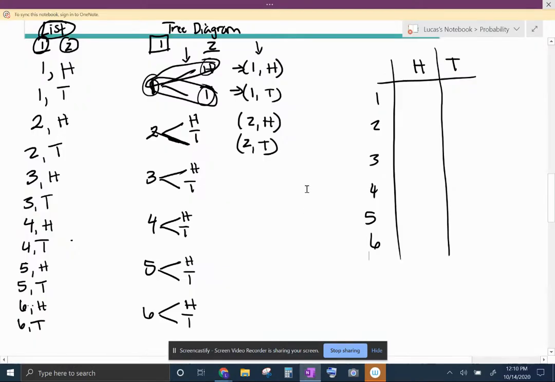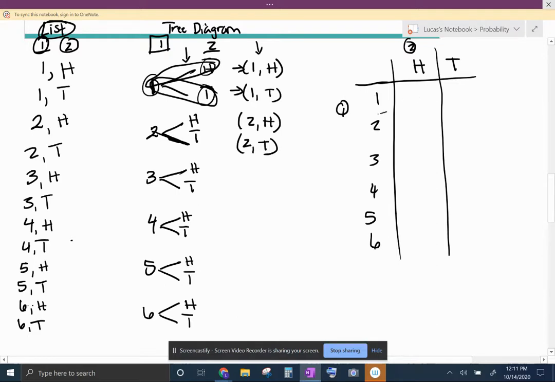So I have a 1 here, 2 here, 3 here, 4 here, 5 here. Okay, so this is the second event, and this is the first event. It doesn't really matter which way you put it, just the table would look a little longer or wider depending on which way it goes.